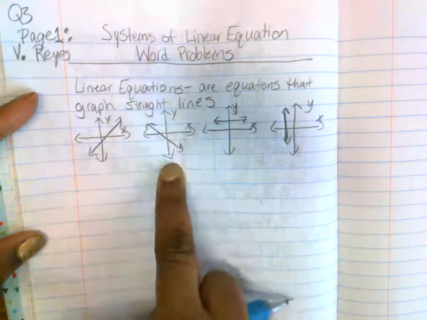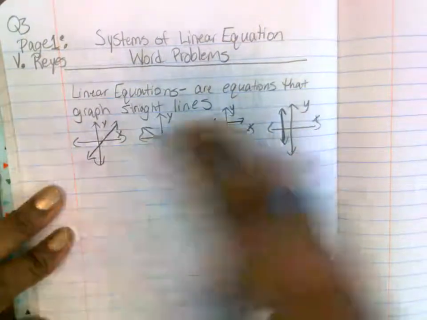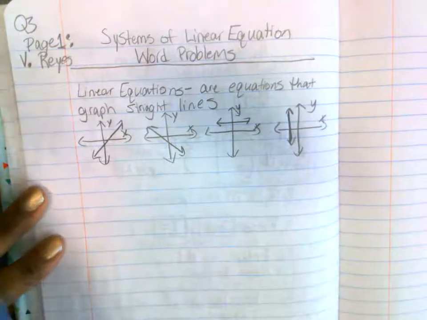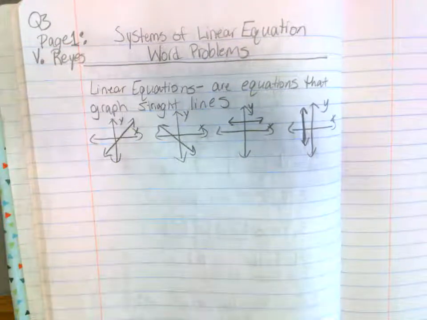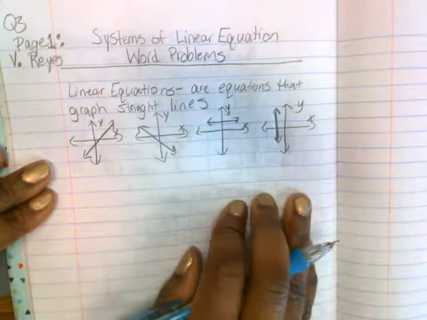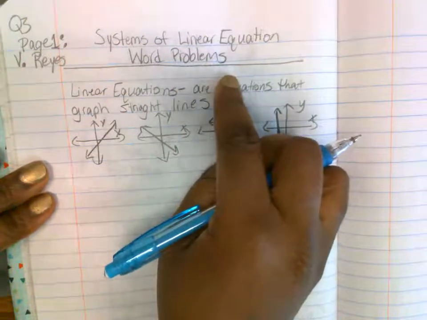Positive slope, negative slope, 0 slope, undefined slope. These are different examples of linear equations. And I'll pause for the calls. Any questions?